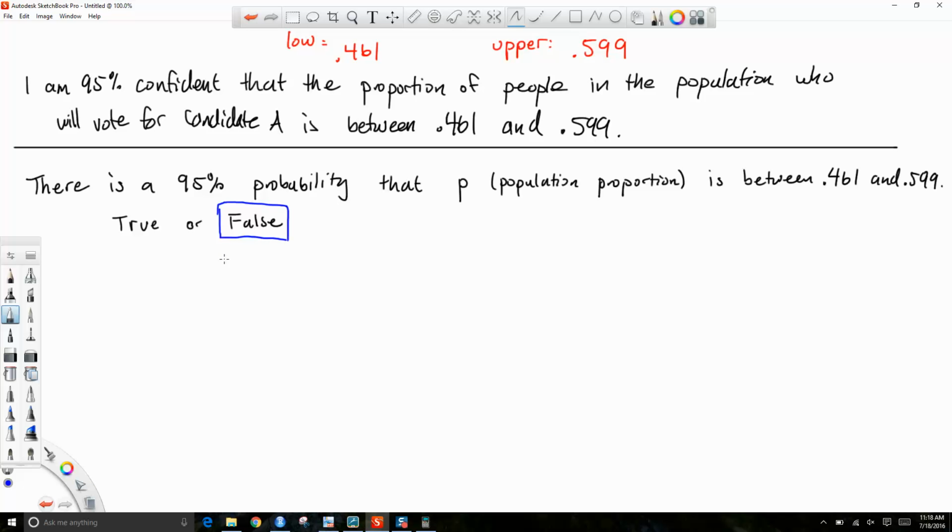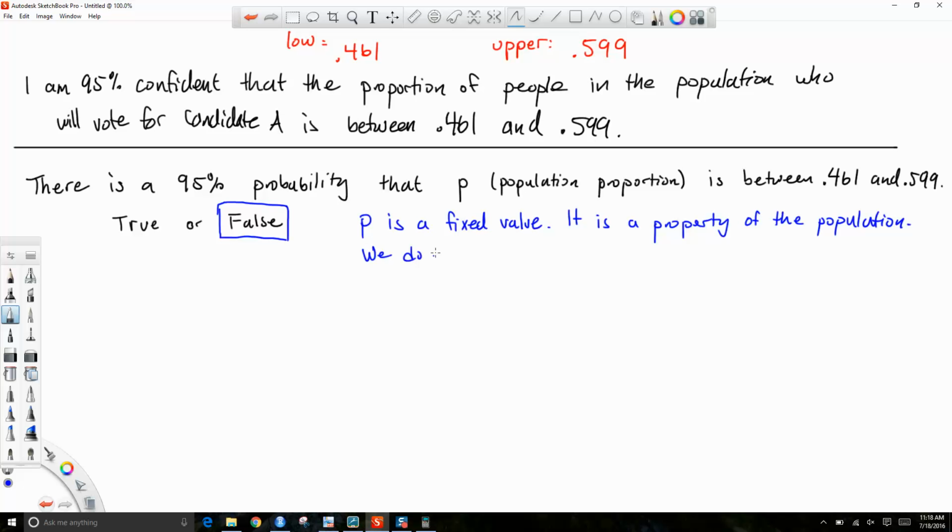And the reason why is because the population proportion P is a fixed value. It is a property of the population. We just don't know its value. Okay?